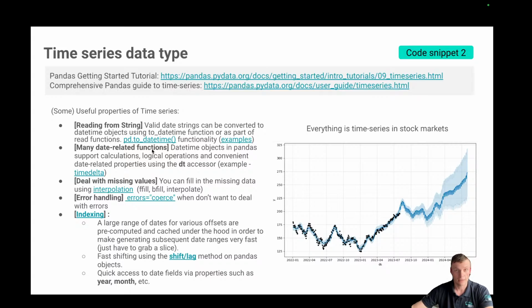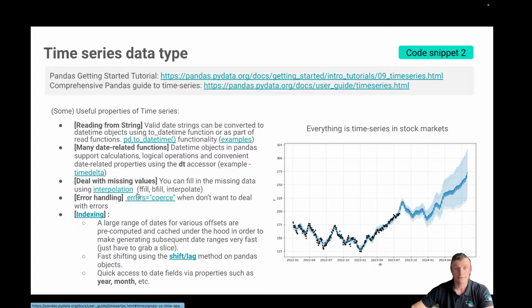There are many date-related functions, like you can read the year, the weekday, months, or generate time deltas between different values easily.